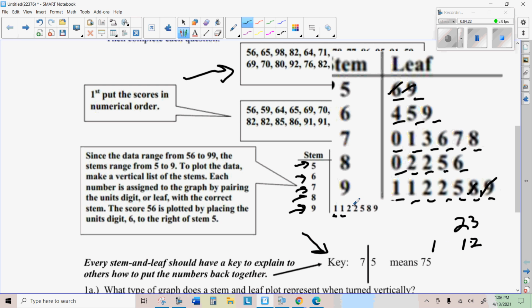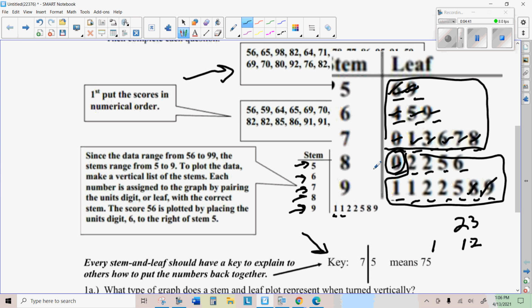I'm just going to count the 12th number from the bottom: 1, 2, 3, 4, 5, 6, 7, 8, 9, 10, 11, 12, right there. If I counted right, there should be the same number on both sides, 11 there and 11 there, and then we know that this number is the median, and that represents the number 80.